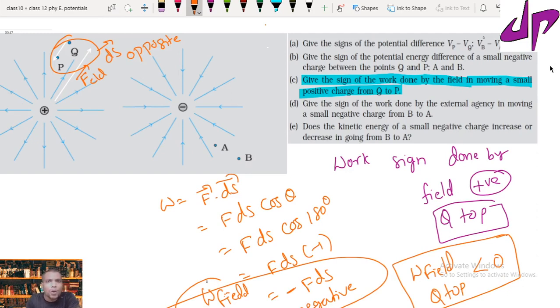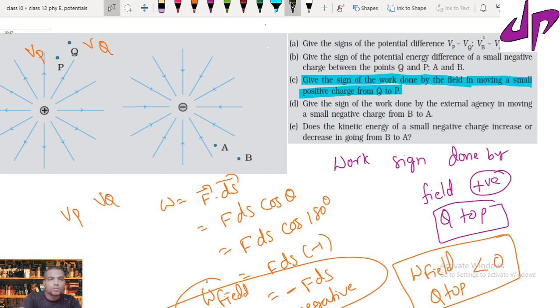If we notice the potential at P and the potential at Q, the potential at P is less than the potential at Q. If external work is done to move a charge from Q to P, that external work should be positive, because the charge is moving from lower potential to higher potential.